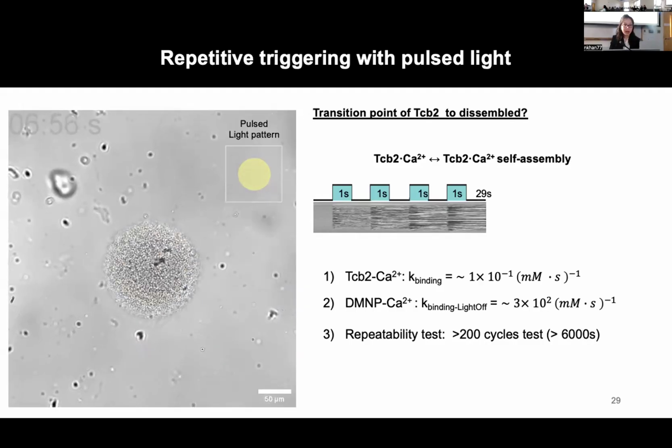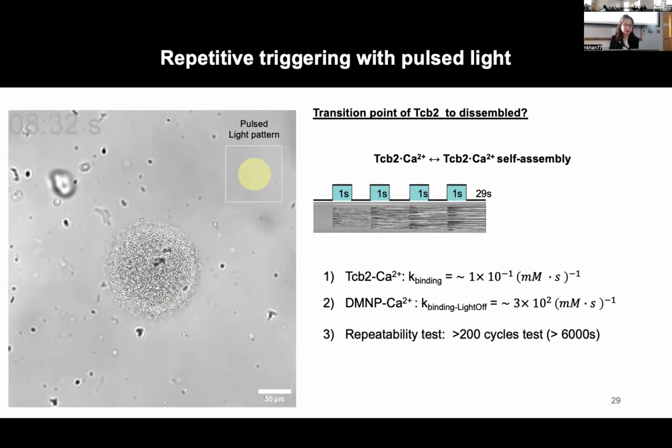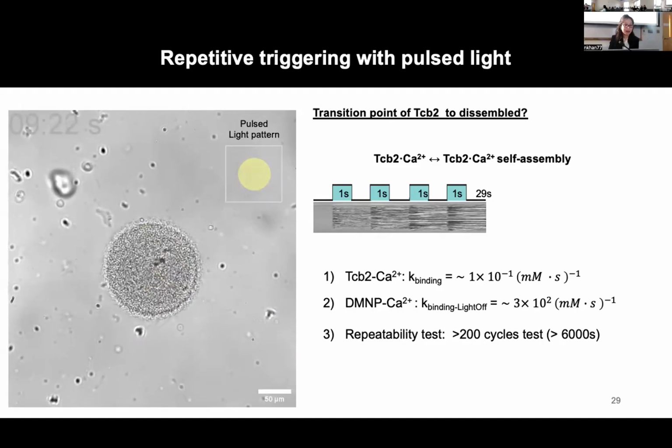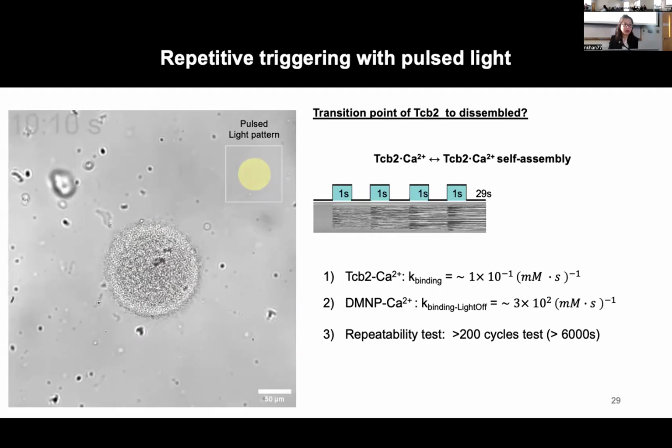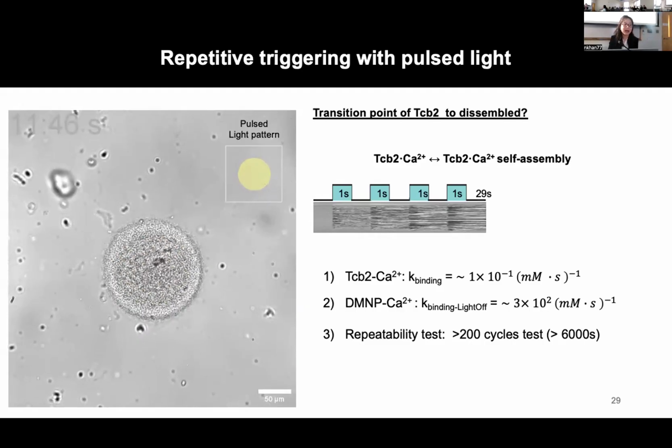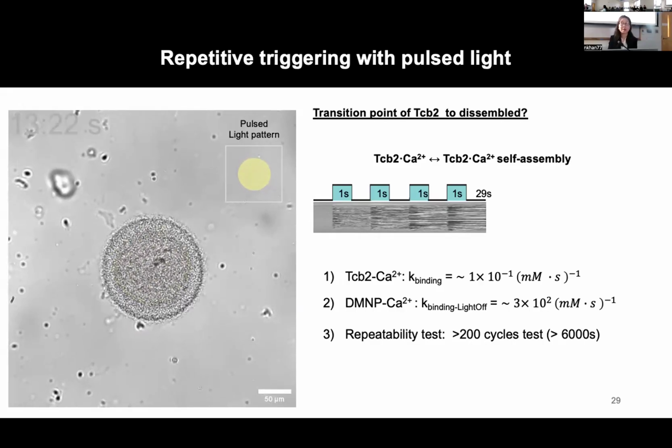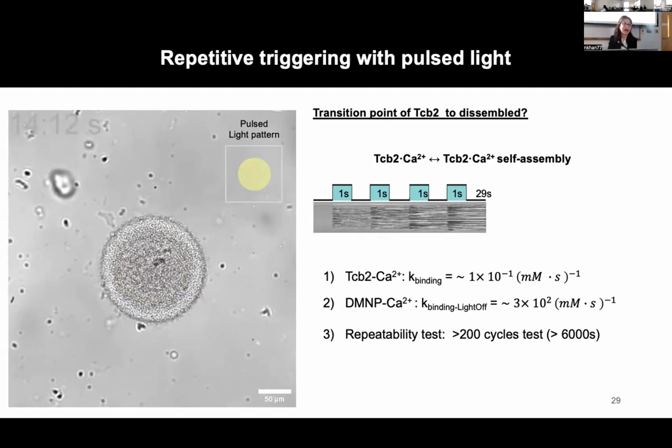The yellow part is the light activation pattern I gave, and this is the device video I recorded in time. What you're seeing is that every time I activate the system, a wave happens here.